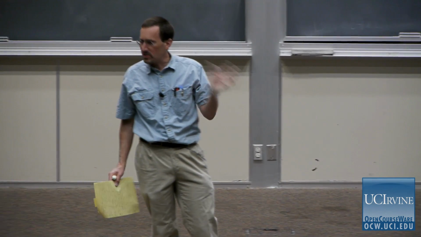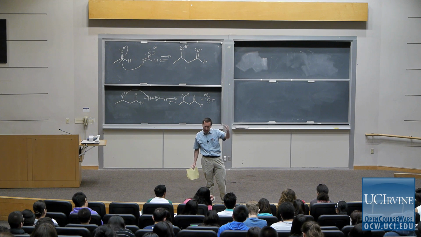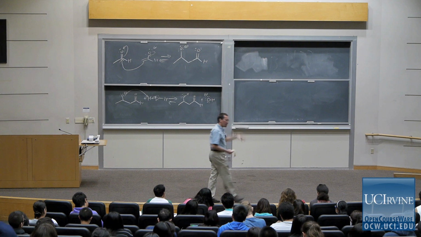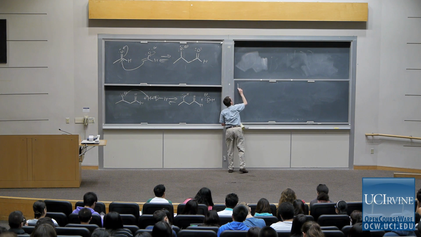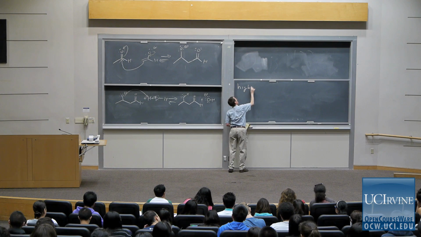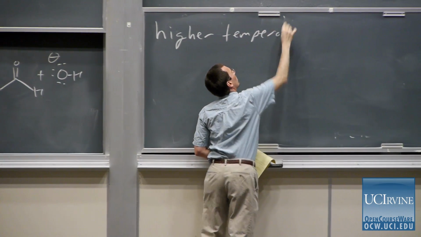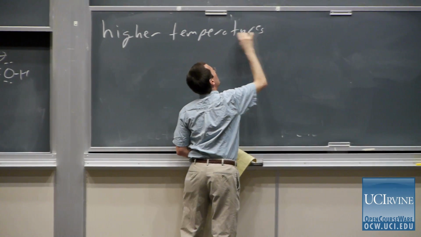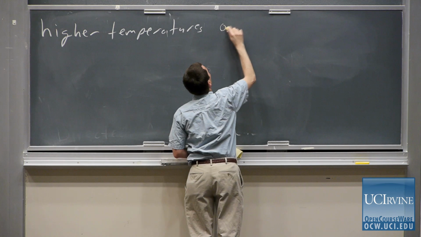Typically we have a series of equilibrations occurring, and as the chemistry goes, we can drive things further and further downhill thermodynamically. So one of the features of the aldol reaction is that higher temperatures and longer times tend to lead to dehydration.